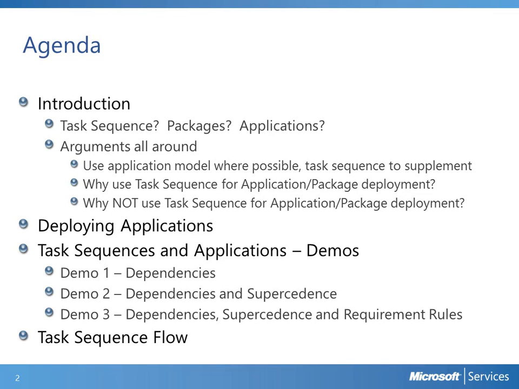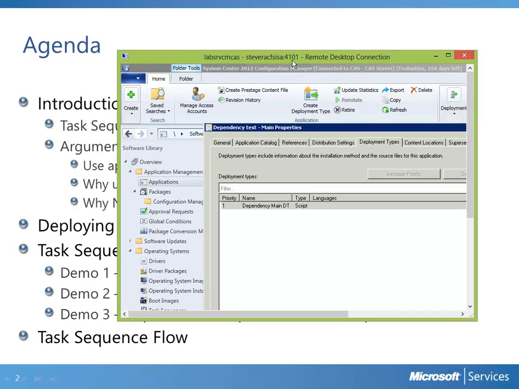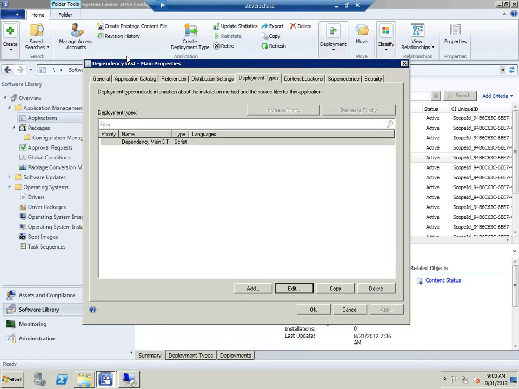It's when we add some complexity, like applications that have dependencies, applications with supersedence relationships, requirement rules, those kinds of things, that we run into questions about whether these will work through the task sequence environment. So I'm going to show you three task sequence runs. The first one is going to be focused only on dependencies. So this is the one in the first task sequence I'm going to run.